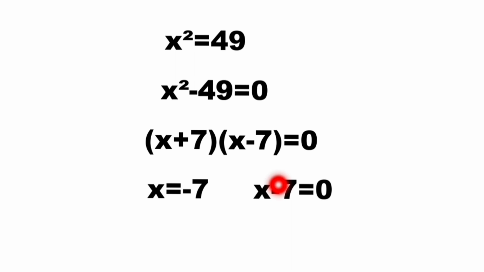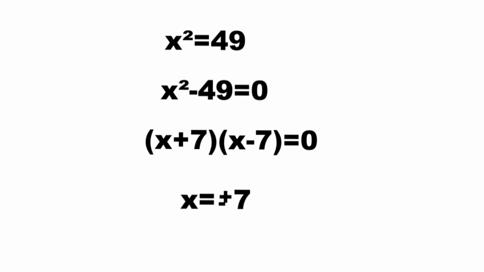And this is a minus, so transposing it becomes a positive, so x equals 7. So we have two values of x: the first one is negative 7 and the other is positive 7. We can write our result as x equals plus or minus 7.